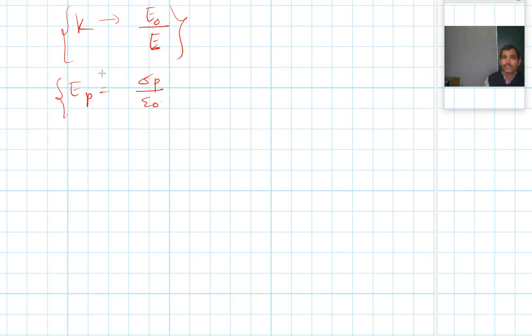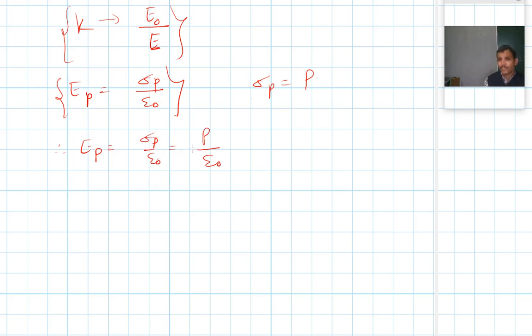These are the two things which we have to keep in mind, right? As we also know that this sigma p is also the polarization vector, therefore this Ep can be written as sigma p over epsilon naught, which is equal to P over epsilon naught, right?